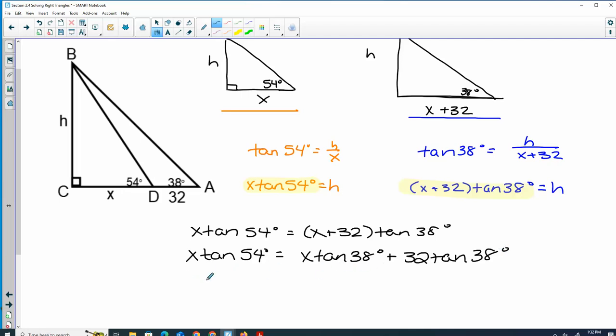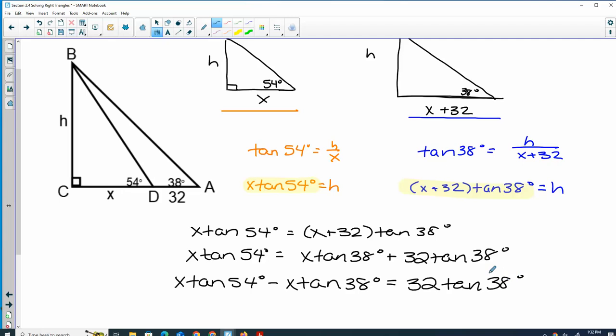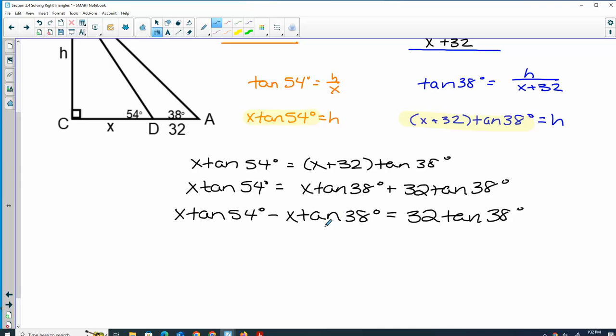If I want to subtract this one over, they aren't like terms, so I can't do the 54 minus 38, but I can keep both of them. Any ideas on where we would go if I can't subtract those things?